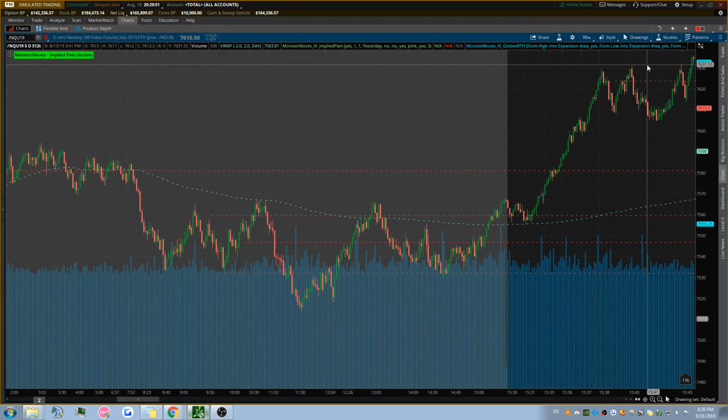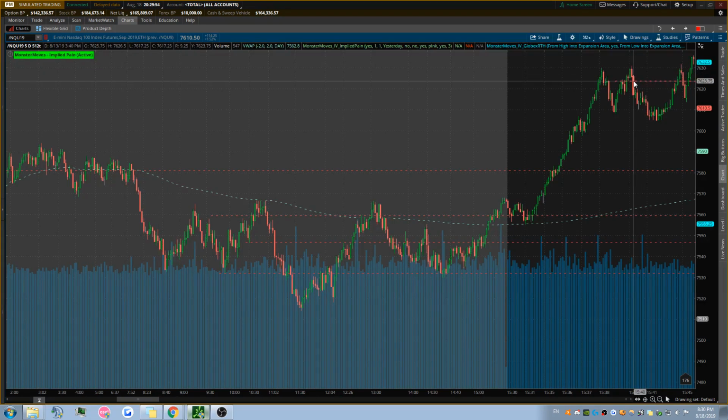So what does this do? Spot my stop. Alright. This is 23. 23.75.